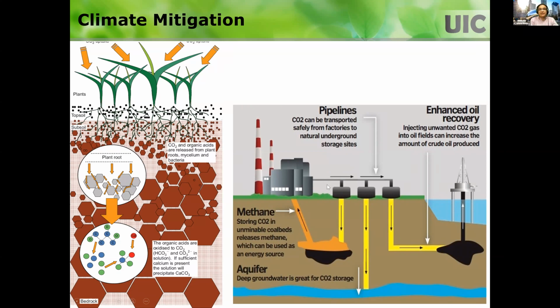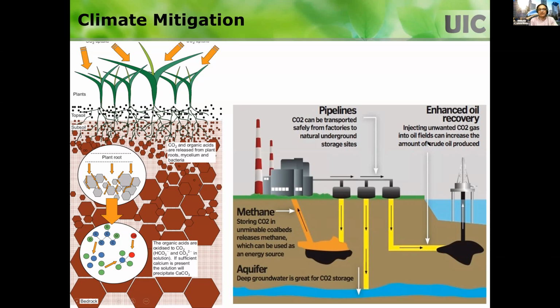The other option is deep underground storage, right? There's actually one project close to me, in my state, where they inject the CO2 into a deep underground aquifer and want to store it there. So instead of emitting it into the atmosphere, you capture it and put it underground.